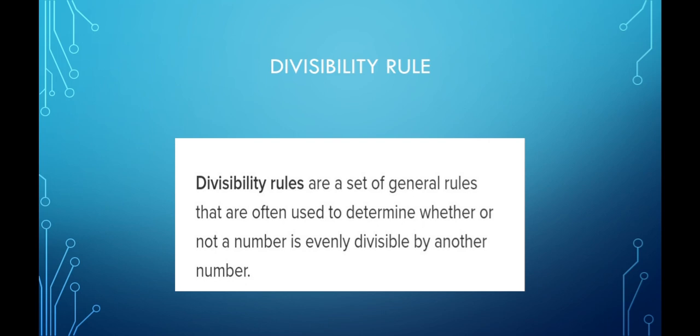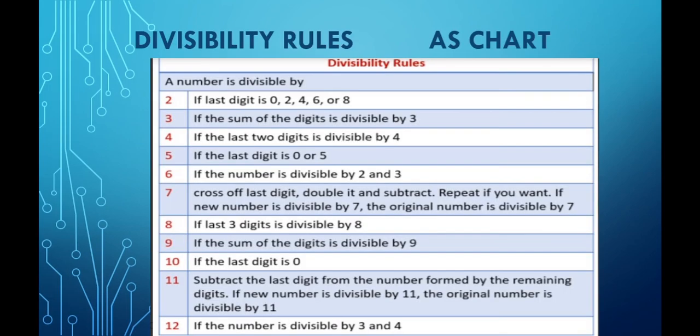Whether any number can be divisible by the other number or not, that criteria has been set by some general rules. Okay, those rules only we are calling the divisibility rules.